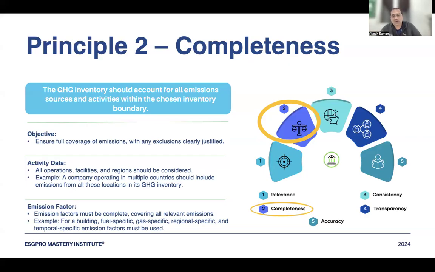If you have not included a particular country, you need to be specific about it, right? And tell them upfront that, look, I have missed two countries because they are right now inaccessible for my team to go there. That will show people that you have done the data, but it is incomplete data. So at least it will give people an understanding of it. That's why completeness is very critical again, right?